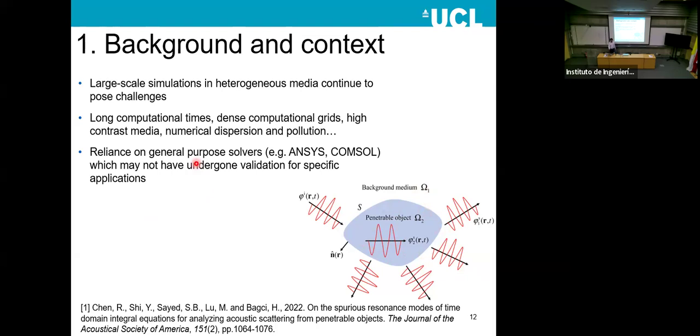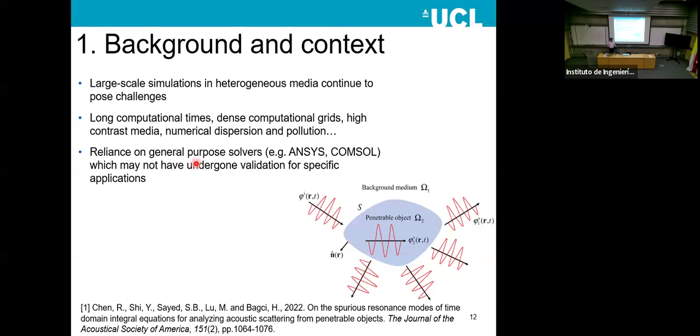If this is several wavelengths across, and you want to solve this problem using a volumetric grid, you will have quite a few computational challenges. So you've got the issue of long computational times, dense computational grids.